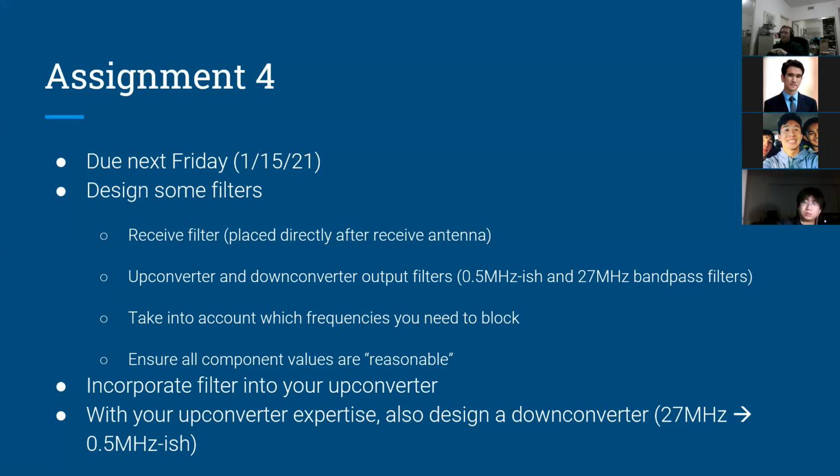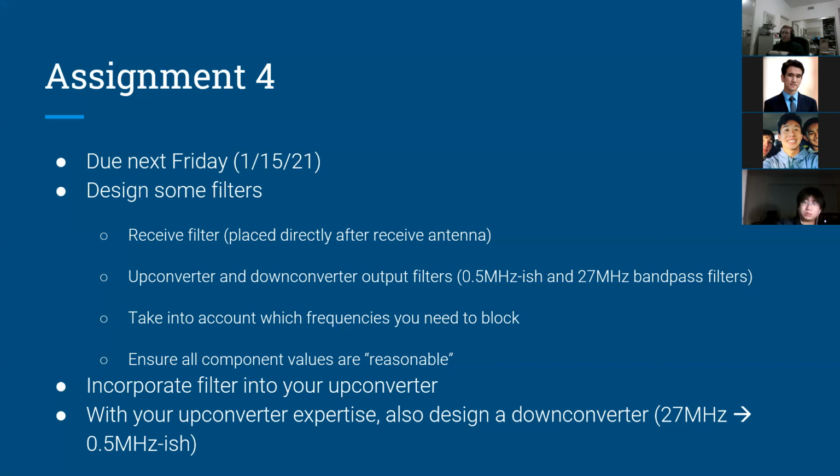So for the up converter, you'll need a 27 megahertz bandpass filter. That's what we talked about. For the down converter, you're going from 27 megahertz to a lower frequency. I wrote here 0.5-ish megahertz, because I don't have an exact number for you right now, and that's a design choice, what exactly you want that frequency to be. And so you'll need a bandpass filter for that as well.